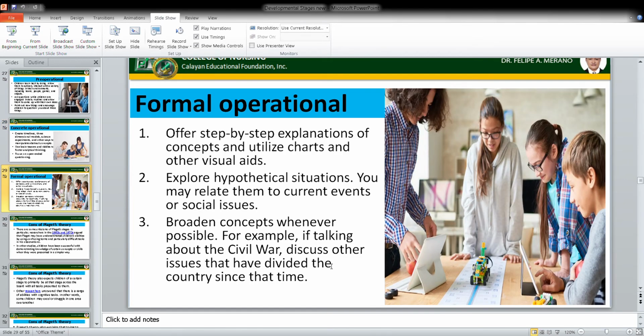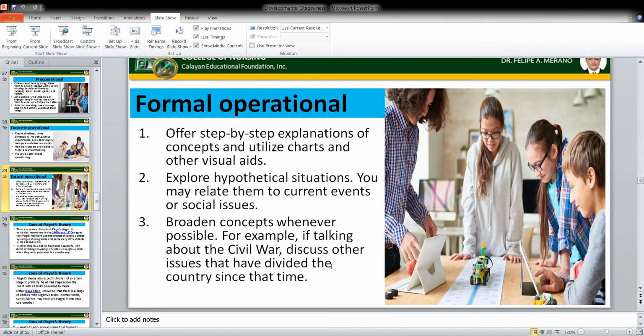Then formal operational, this is the stage in which some of them are 18 years old, or 16, or 15 years old. Offer step-by-step explanation of concepts and utilize charts and other visual aids. That's why when we are teaching students like you, we offer different step-by-step explanations about the nursing skills that we are trying to teach you.